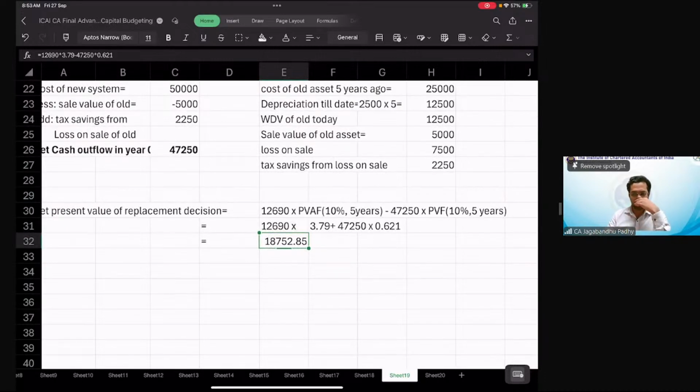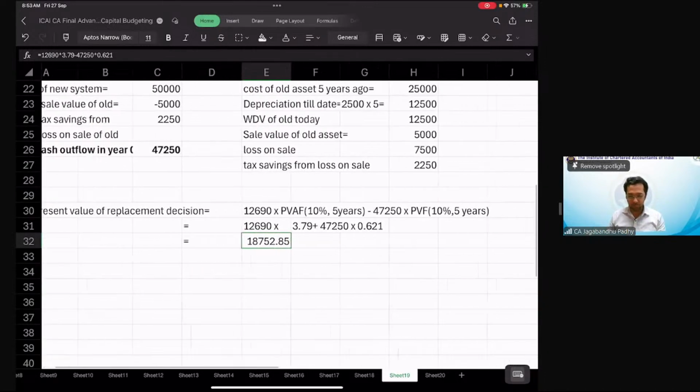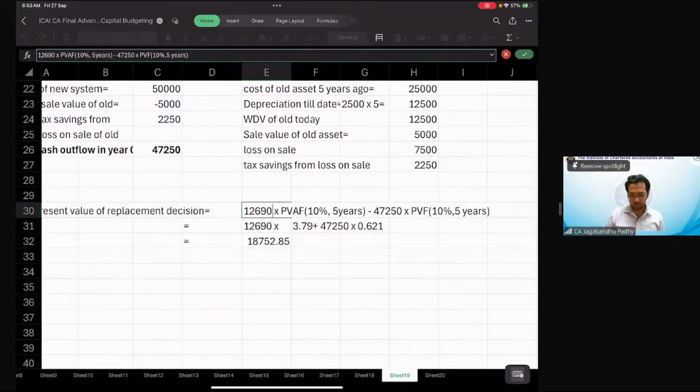We have a salvage from the asset. Net present value is what we are computing. So I need to also consider plus salvage of 1,000 into present value factor at 10% for 5 years.